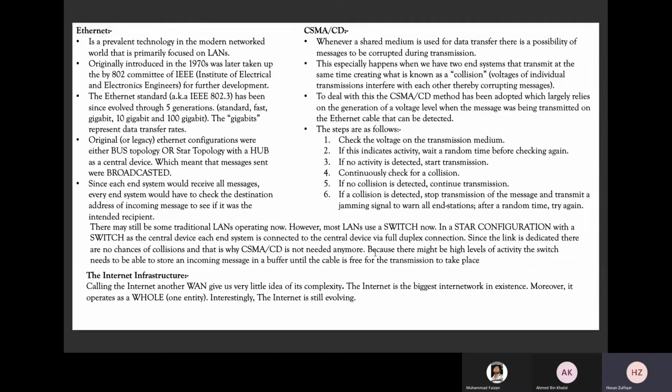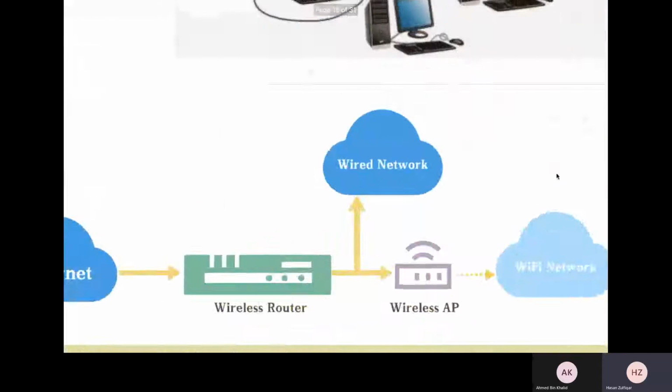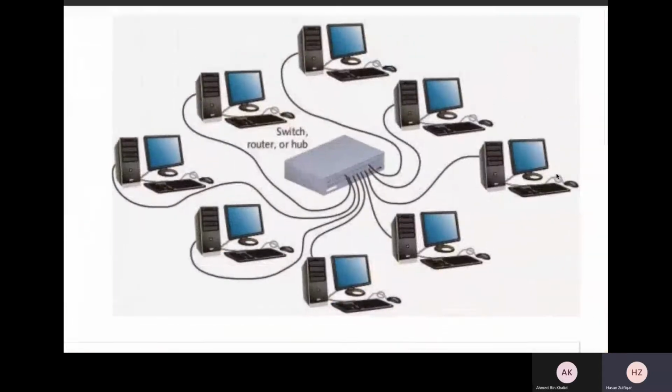However, there might be high levels of activity at the switch, and the switch needs to be able to store incoming messages in a buffer until the cables are free for transmission to take place. Now, this is very interesting. This is one of the problems that switches or star topology will possibly face. This central device is responsible for relaying all outgoing messages to their intended recipients.